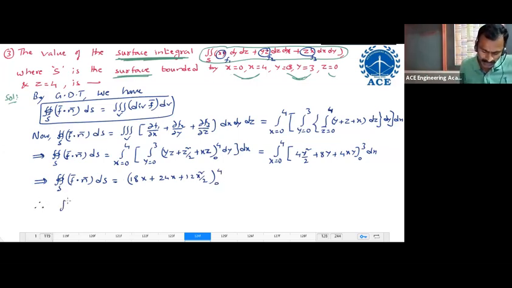Therefore, double integral over S of f bar dot n bar dS equals, lower limit is 0, upper limit is 4. If you simplify this, this will be 264.